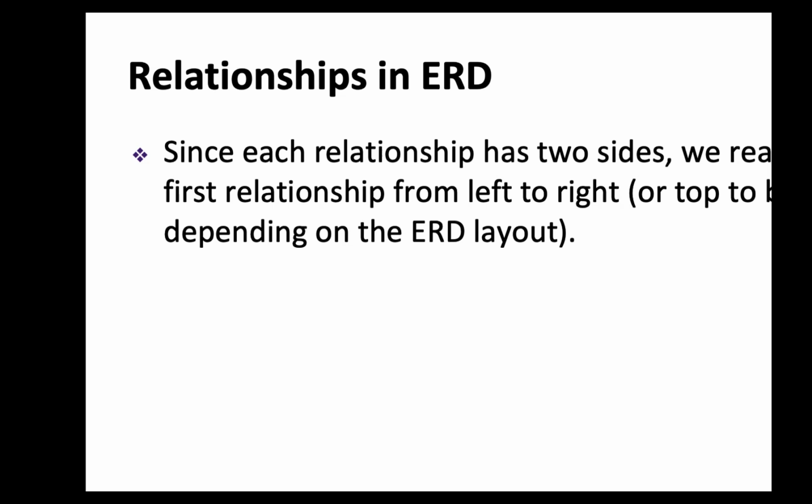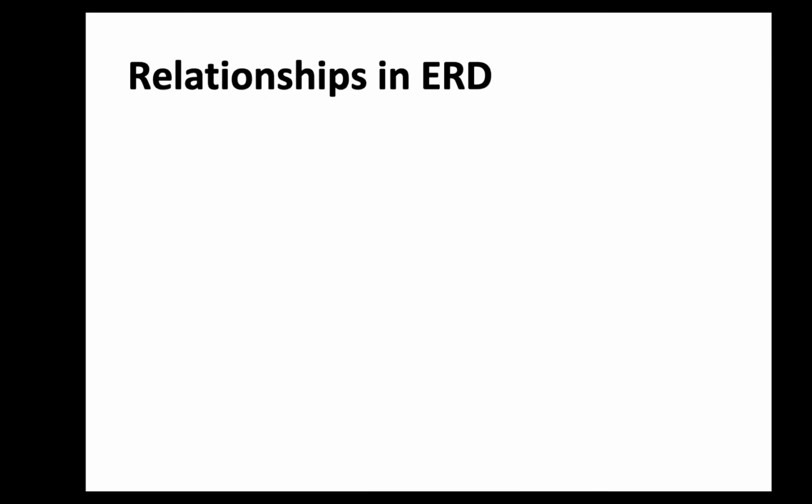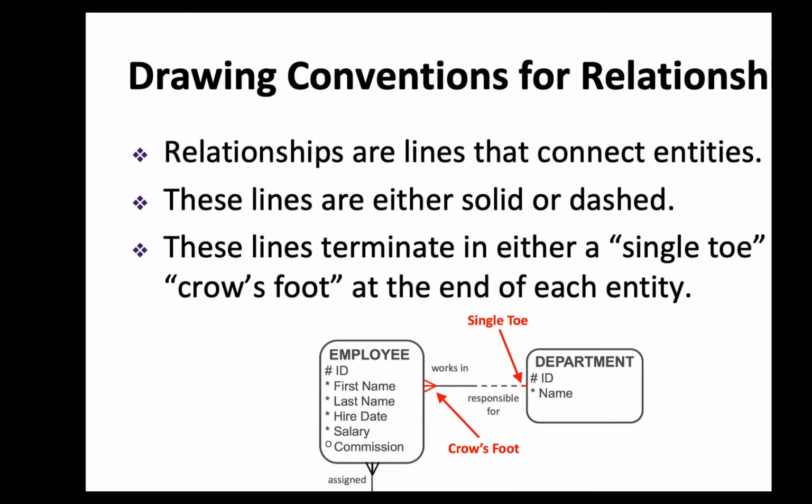Since each relationship has two sides, we read the first relationship from left to right or top to bottom, depending on the ERD layout. And there is no compulsion about where to draw an entity. It could be here, it could be anywhere.